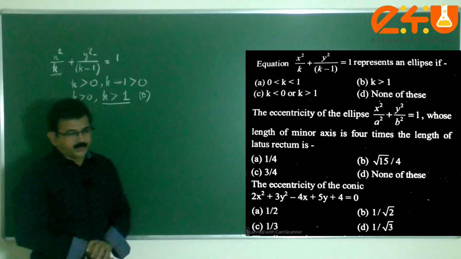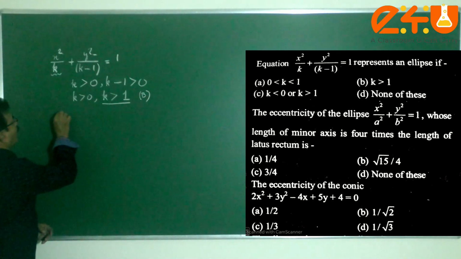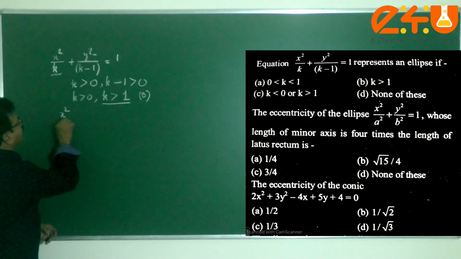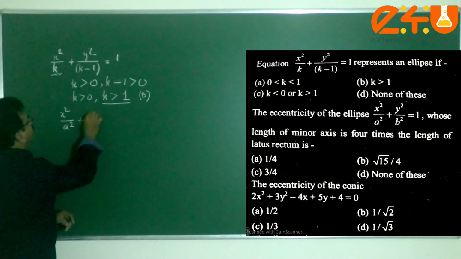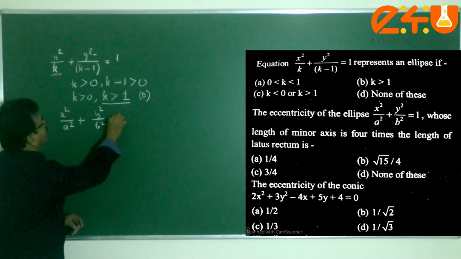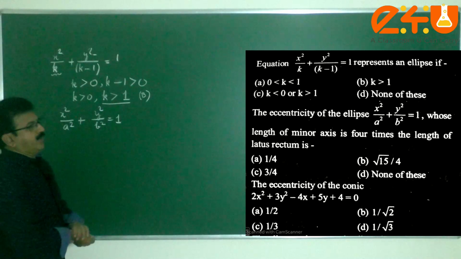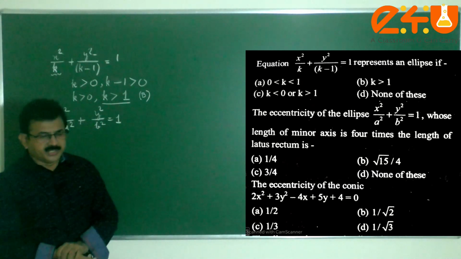Moving on to the next question, the eccentricity of the ellipse x square by a square plus y square by b square equal to 1. The eccentricity is wanted.